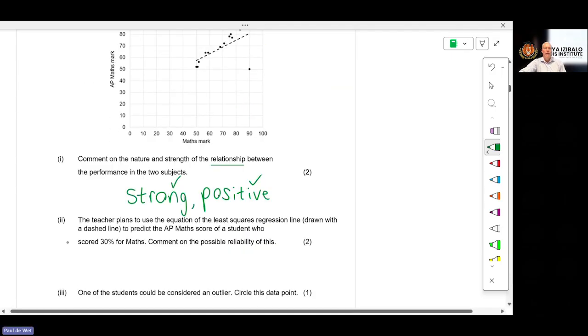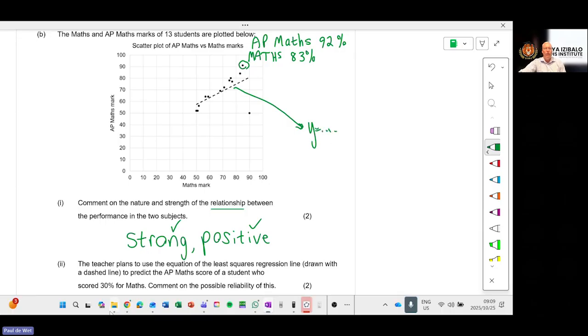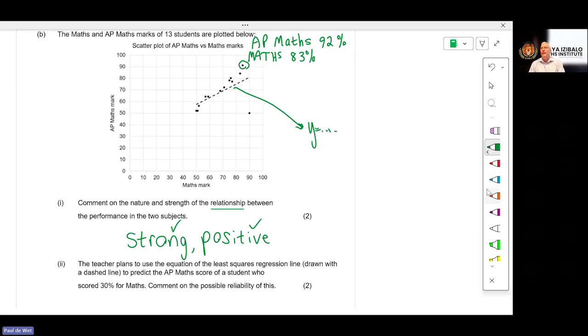Now, the teacher has worked out the equation of this line. The teacher knows this line is y equals whatever, right? And the teacher wants to use this line to work out the AP Maths mark for a learner who scored 30% in maths.